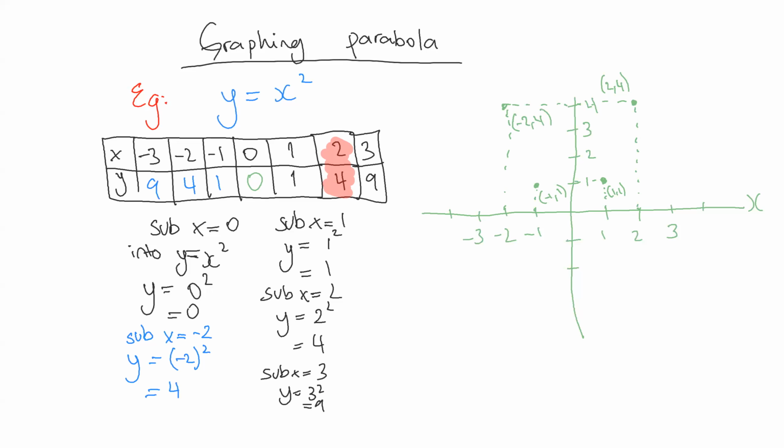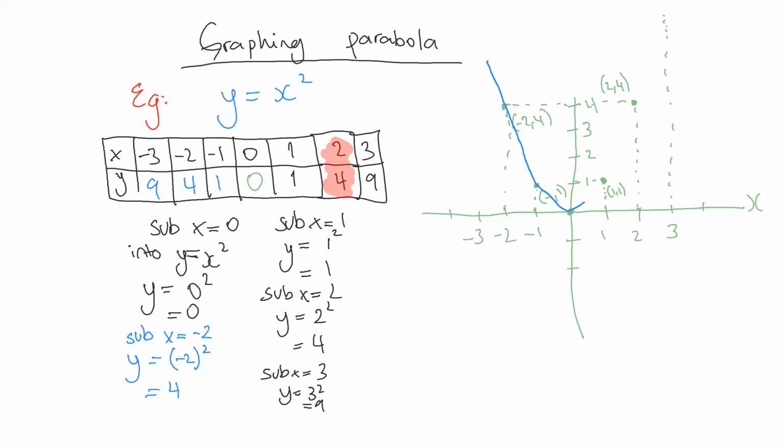And the last one is going to be 3 and 9. I'm assuming that's going to be really high somewhere because I don't have room to go up to 9. So we're just going to use these coordinates that we have, and also we have a 0, 0 intersection point there. And if I'm going to draw this, I just have to line up my dots roughly.